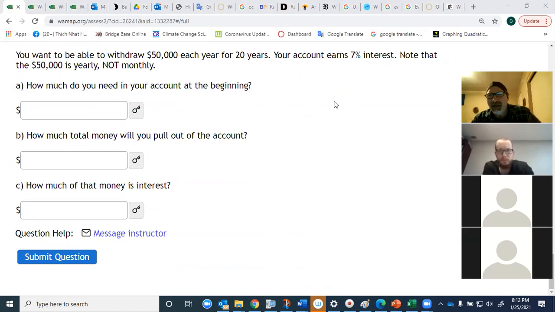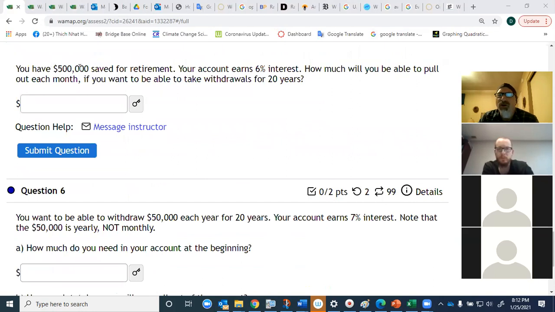Let's say you've already saved money, and you want to start withdrawing money out of your account. There are 2 types of problems on this. One is you already know how much you saved, say $500,000, and they ask how much you can take out each month or each year, while making interest on it, so you can keep doing it for a long period of time.